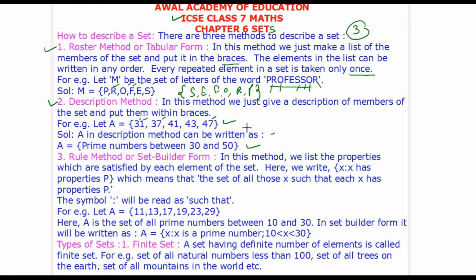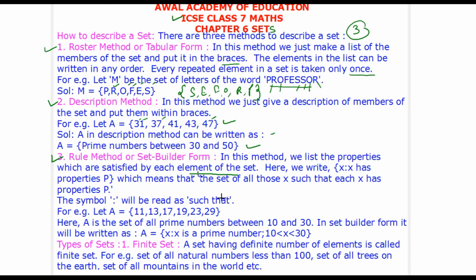Now the third method is the rule method or set builder form. It is a complicated method. In this method we list the properties which are satisfied by each element. So these properties should be satisfied by each element. Here we write {x : x has property P}. So what would this mean?